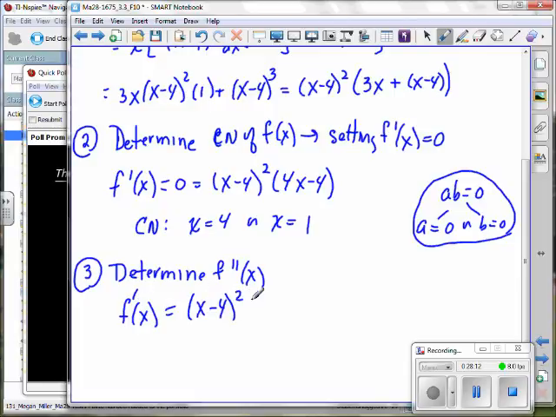But now that I've chosen this form of it, by the way, I just factored a 4 out, where the 4 came from. Okay, factor the 4 out.